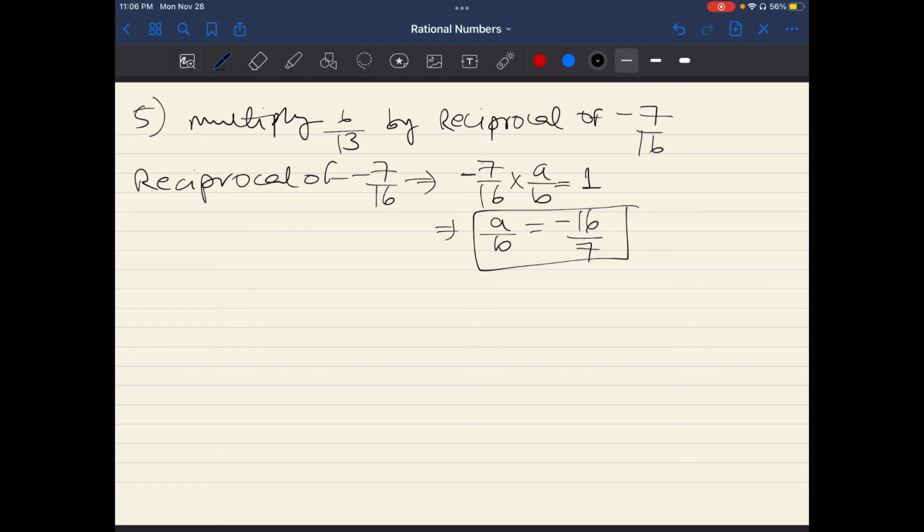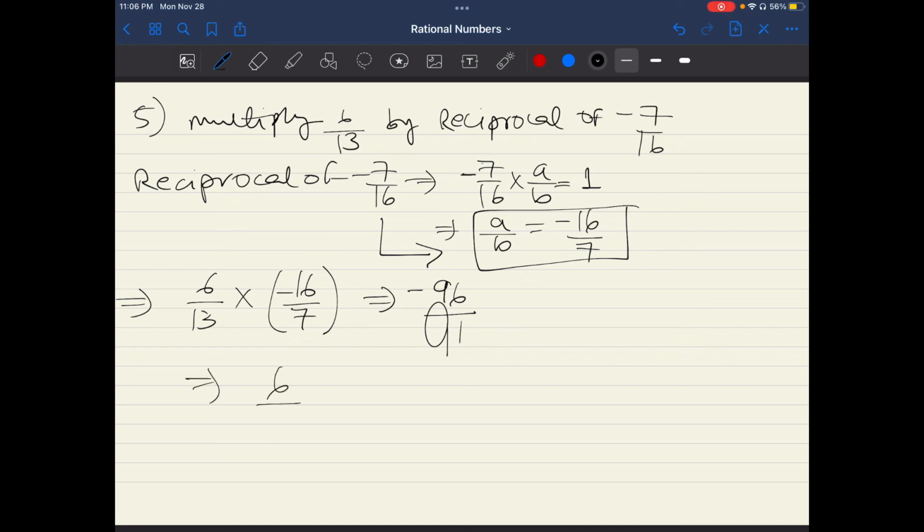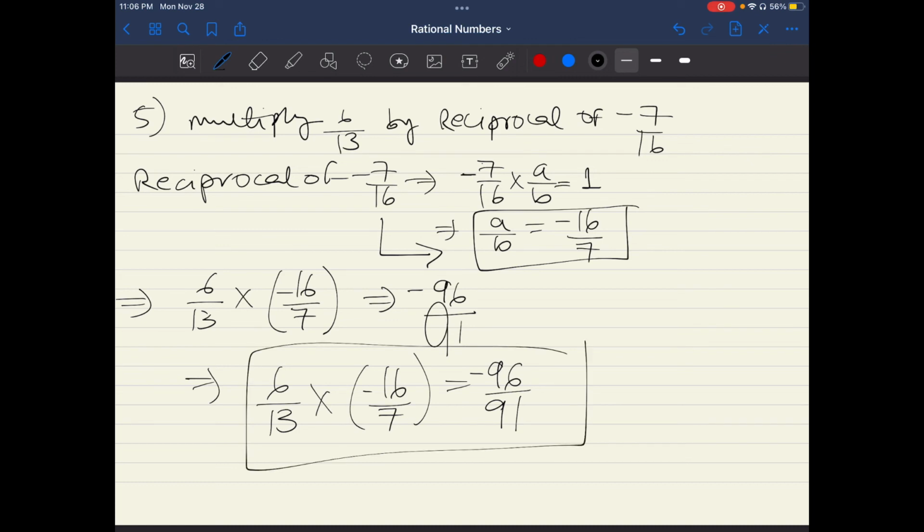Therefore, the reciprocal for minus 7 over 16 is minus 16 over 7. And now, going back to the question, which is multiply 6 over 13 with the reciprocal of minus 7 over 16, which implies multiply 6 over 13 with minus 16 over 7. And this literally just turns out to be minus 96 over 91. Therefore, 6 over 13 times minus 16 over 7 is minus 96 over 91.